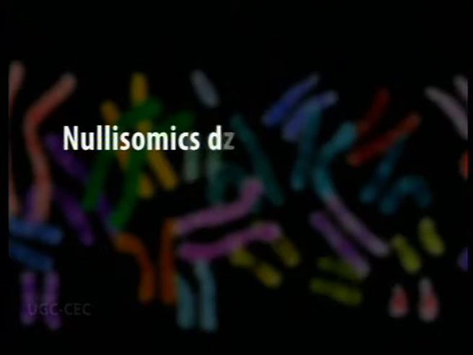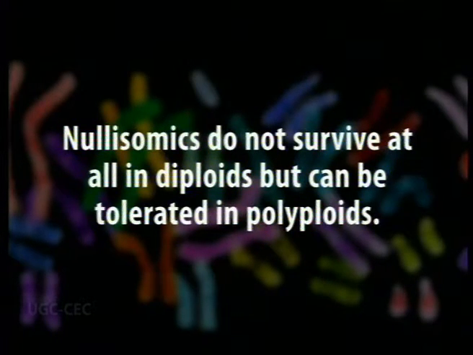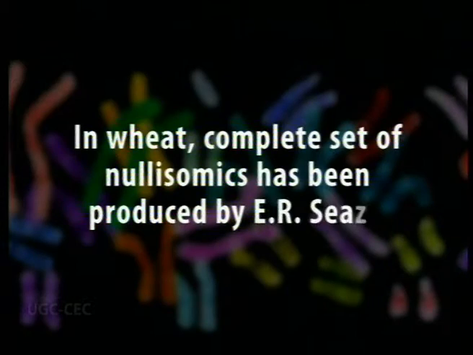Now, nullisomic is a much more dangerous condition than monosomic because now both the chromosomes are missing, and therefore the nullisomic condition does not survive in case of diploids. However, in case of polyploids, the nullisomics can survive, and that is why in case of wheat, a complete set of nullisomics has been produced by E.R. Sears.